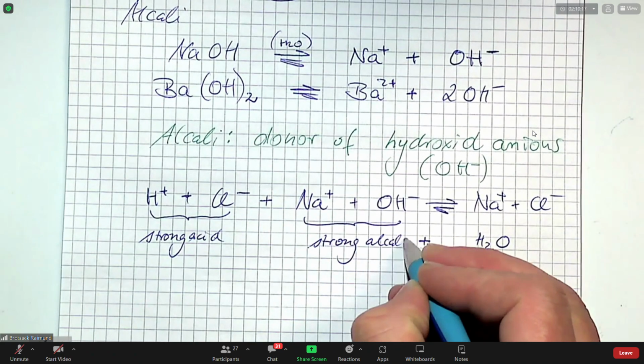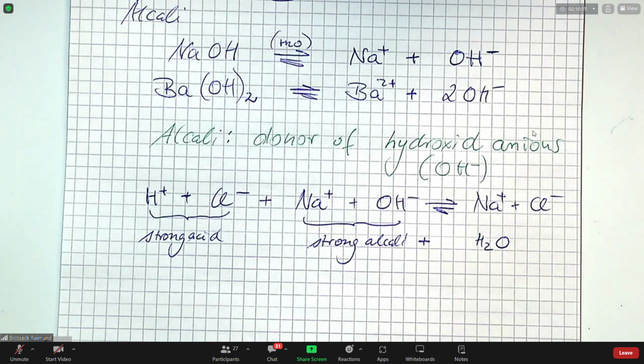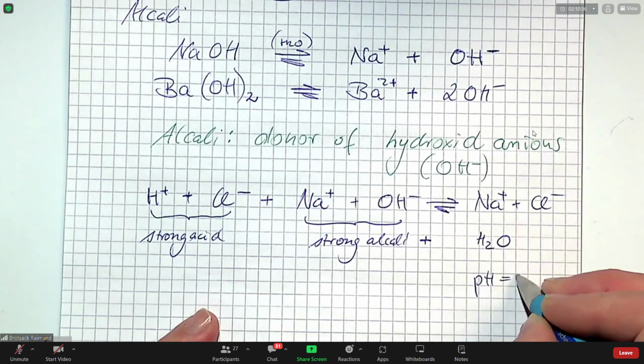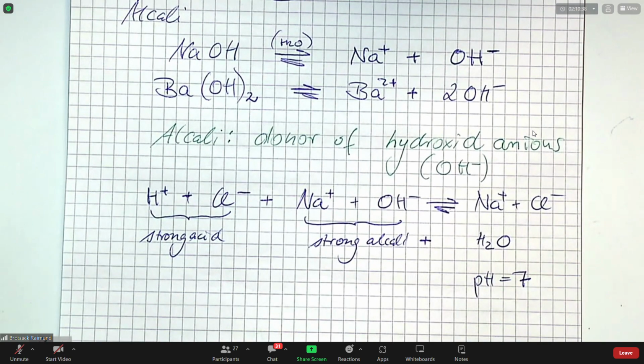What are you expecting will be the pH of the solution when we add them 1 to 1 after the reaction? It will be 7, yes. So here, the pH at the end will be 7 after the neutralization.